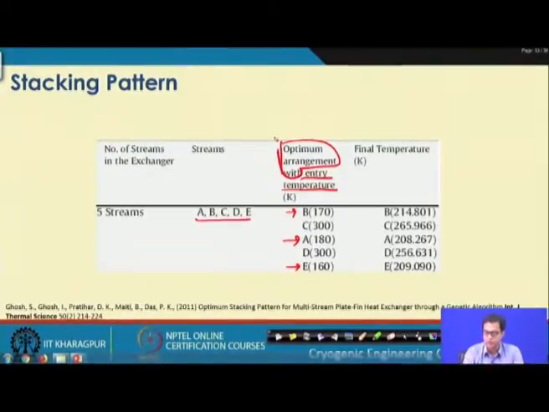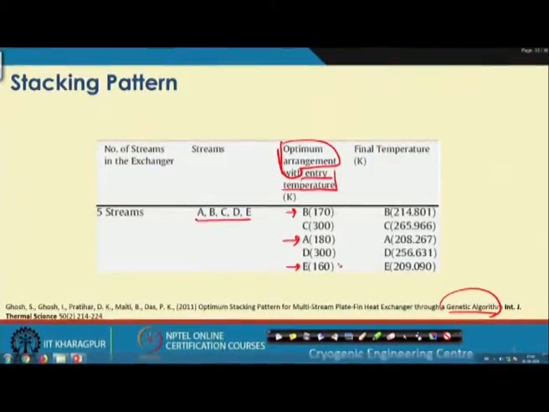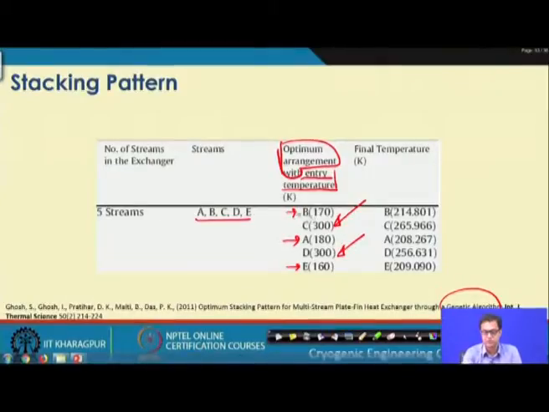This is in context to the situation where we have applied the genetic algorithm to find out the optimum arrangement. But first of all, we look into this problem where we clearly have 3 cold fluid streams and 2 hot fluid streams which are entering at 300, whereas the cold fluid streams are entering at 170, another at 180, and the third again at 160.